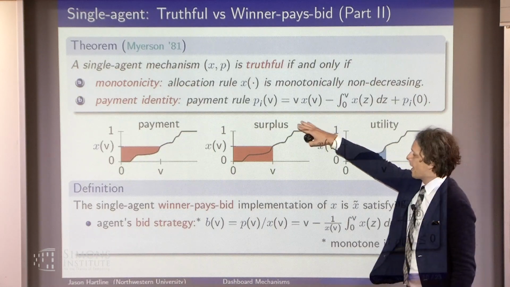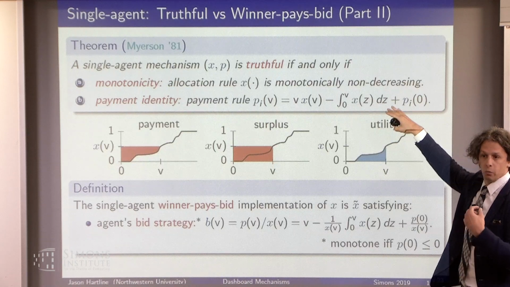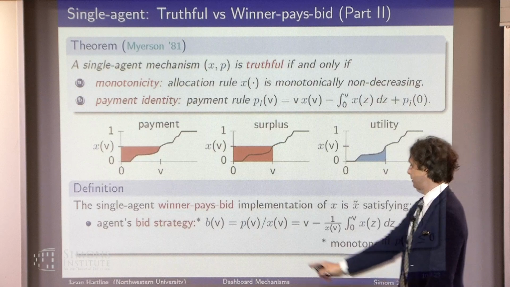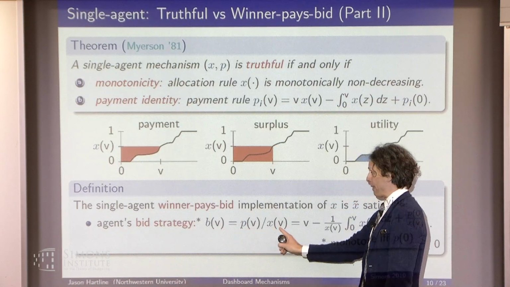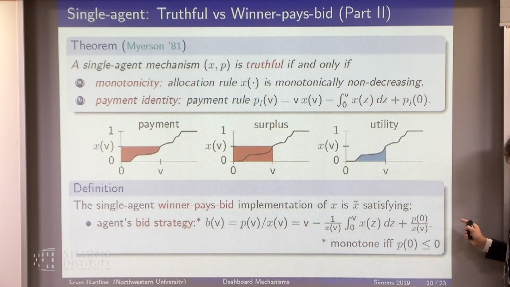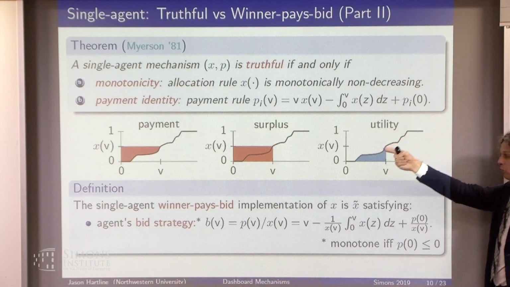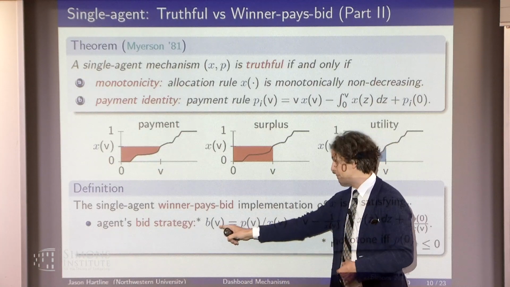Our payment had to be this for the truthful mechanism, but we know our payment in the winner-pays-bid mechanism is bid times probability of winning. So the expected payment divided by my probability of winning has to be equal to my bid, so I can solve for it with this formula. If you tell me you want to implement this x, I can tell you that your strategy in the winner-pays-bid mechanism that implements that x has to be this bid function.